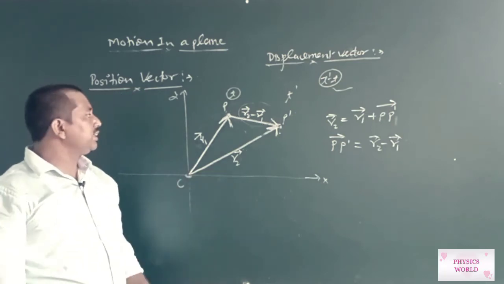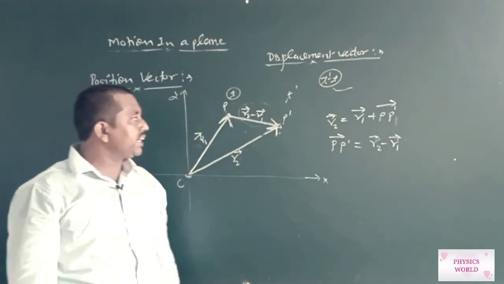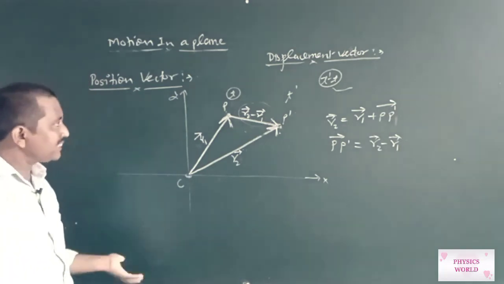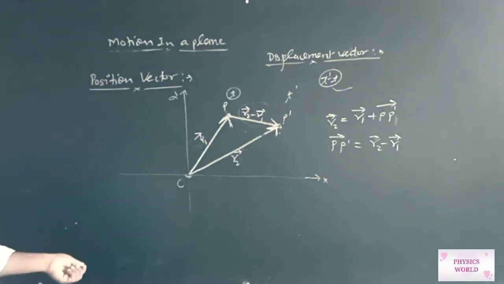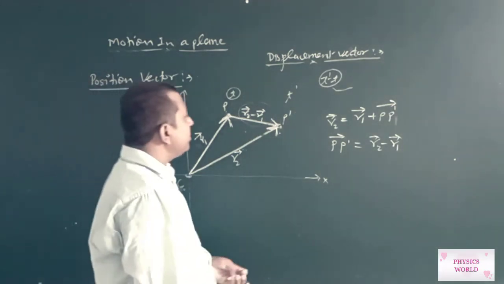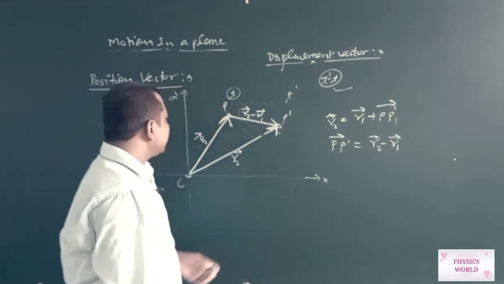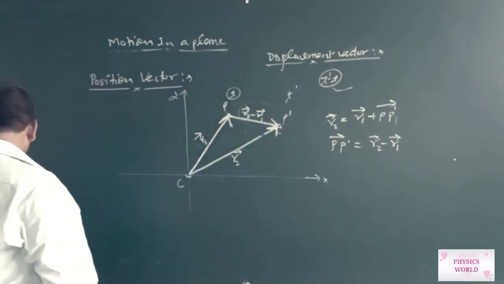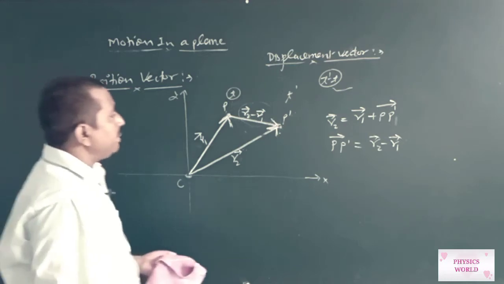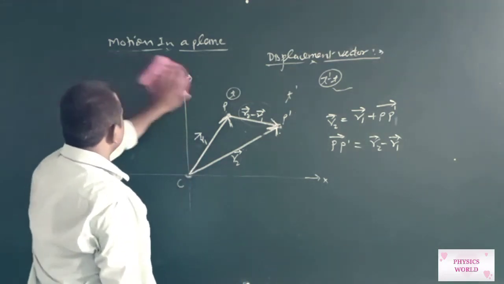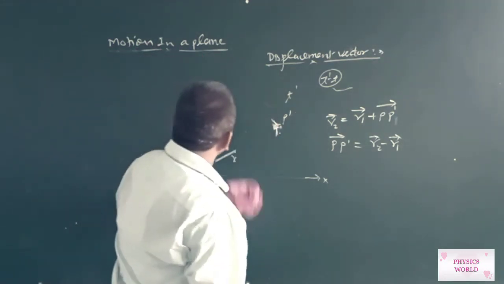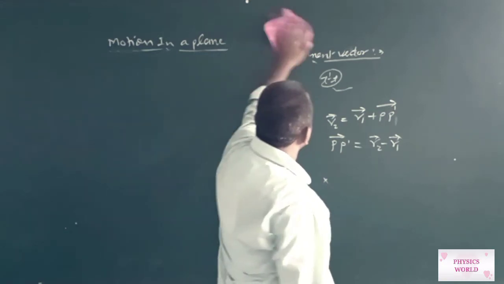So this is all about the displacement vector, position vector, vector quantity, triangle law, and parallelogram law. Let us come to the next topic, that is resolution of a vector. What do we mean by resolution of a vector?